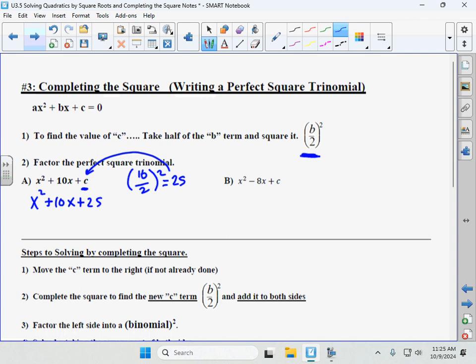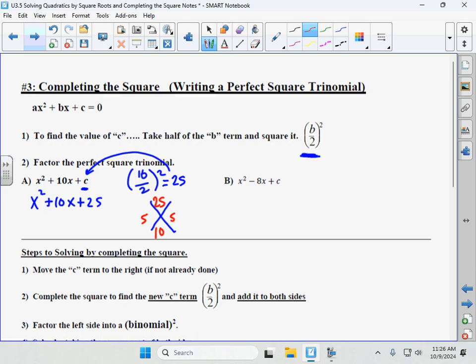Now we're going to factor this. This is a special trinomial that we just created, and it's going to factor into a binomial squared. If we want to see it written out using the x method, because it's a trinomial, 25 would be on top, 10 on the bottom. We need 2 numbers that multiply to 25 but add to 10, so that would be 5 and 5.